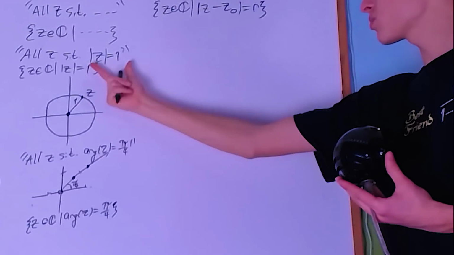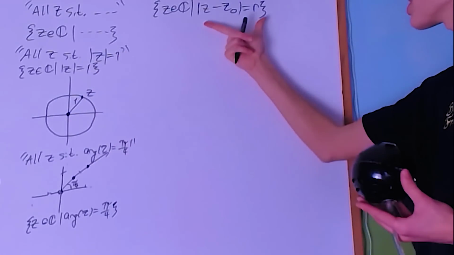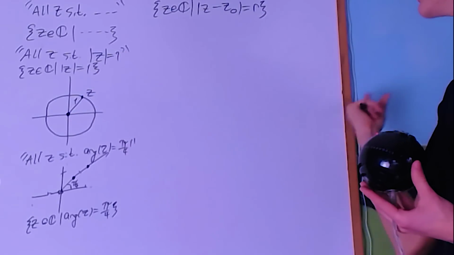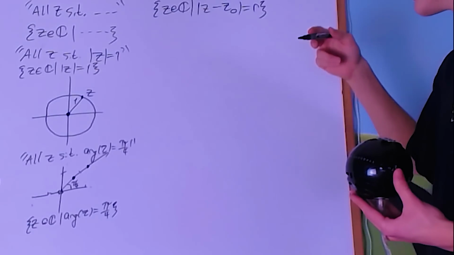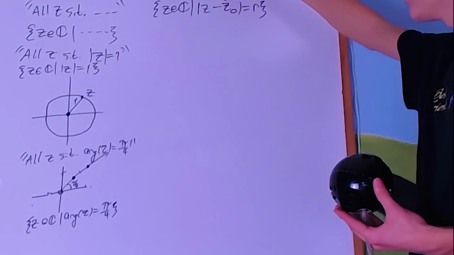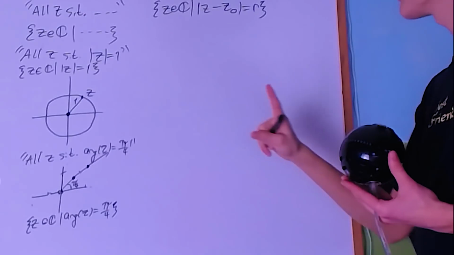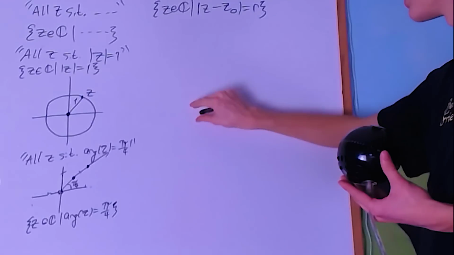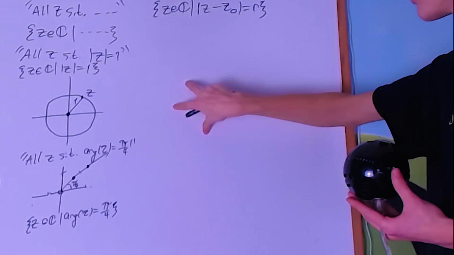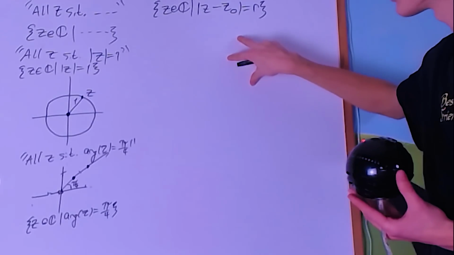So because that one was a circle, you'd imagine that this one would also be a circle. So let's analyze that. z minus z naught, if you remember, is like a translation to z naught. So we translate whatever our function was, and instead of centering it around the origin, we center it around z naught.